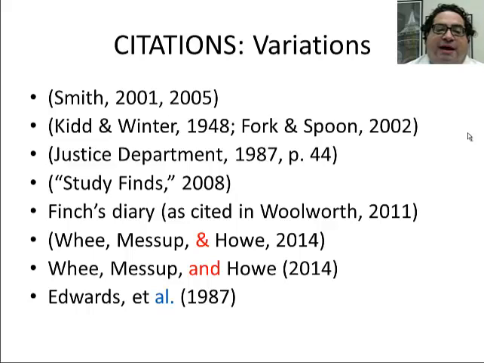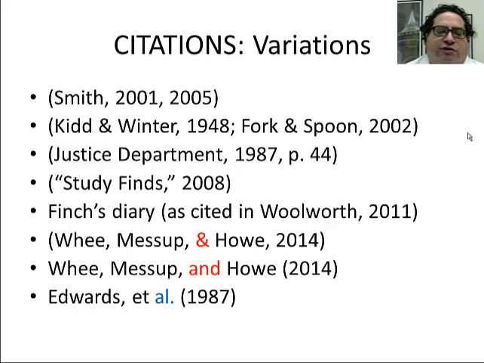The first one was written by Kidd and Winter in 1948. The second one by Fork and Spoon, I made that up if you can't tell, 2002. In the next example, we've got a corporate author, Justice Department, 1987, and we're listing a page number, so it's probably a citation for a direct quotation.